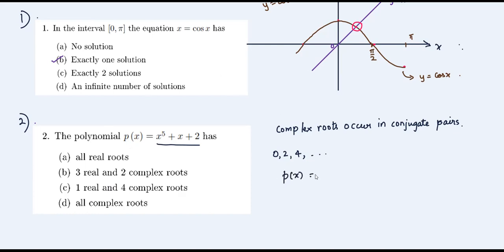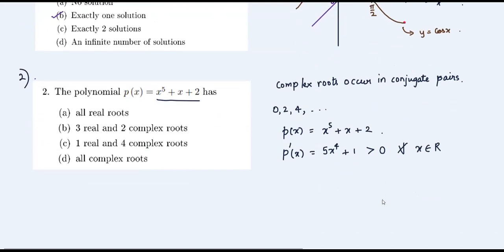Now, p of x is x power 5 plus x plus 2. What is p dash x? 5x power 4 plus 1. This is always greater than 0 for all x belonging to R. Because the first derivative is always positive, p of x is a strictly increasing function.